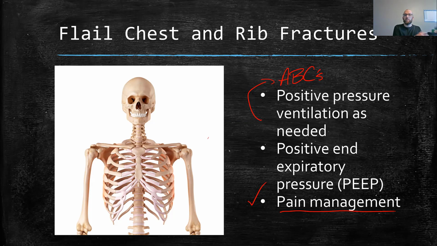But in a multiple choice question, they'll give you enough stuff that paradoxical motion will rear its head for you. If you just recognize that paradoxical motion, you're going to pick up on the signs of this flail chest. But management of it is really just the standard ABC airway and ventilation management. So bagging our patient.